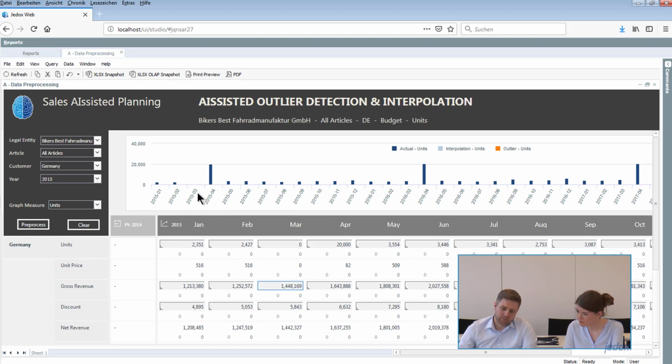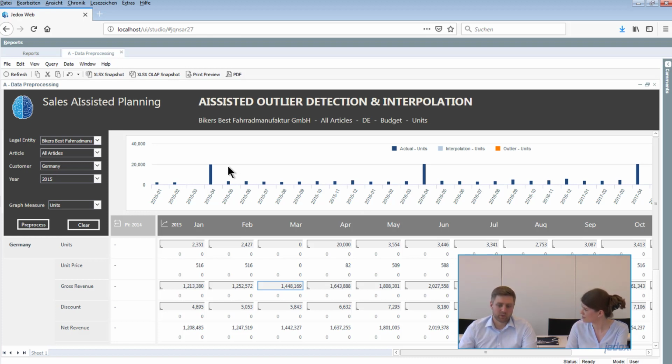And the other thing we want to find out is, my data has gaps, but maybe my data also has wrong values. Wrong values in the sense of they are way too high. So maybe someone wanted to write 2,000 here, but unfortunately he typed in 20,000.